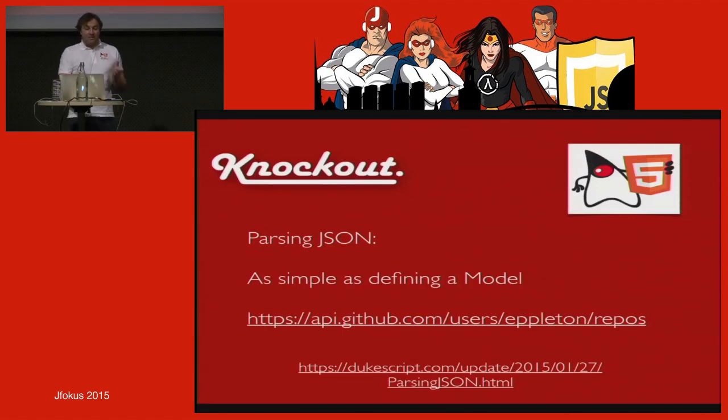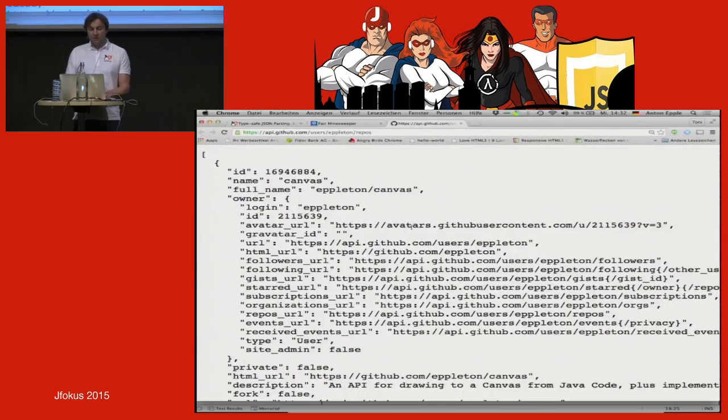So I said parsing JSON is really easy, and it is basically as simple as defining a model in your Java code, like the model that I just created using these annotations. For example, if you want to talk to a REST service, like GitHub has, you can just use this GitHub URL and retrieve some information.